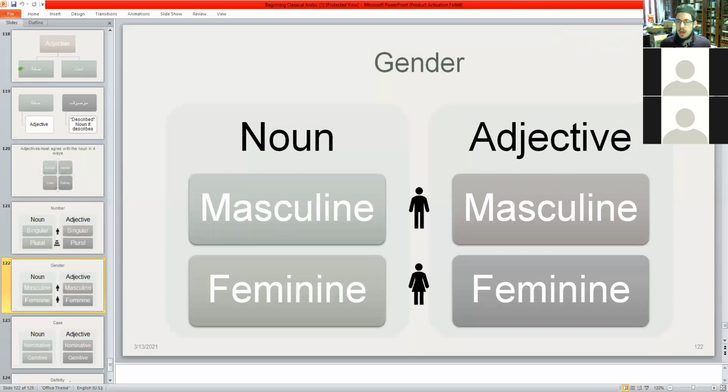So if we say huwa muslimun mujtahidun, you just use the same example. Minimize the variables. Then if we say hiya muslima, muslimatun, the feminine version of Muslim, mujtahidatun, we have to make the adjective feminine as well.